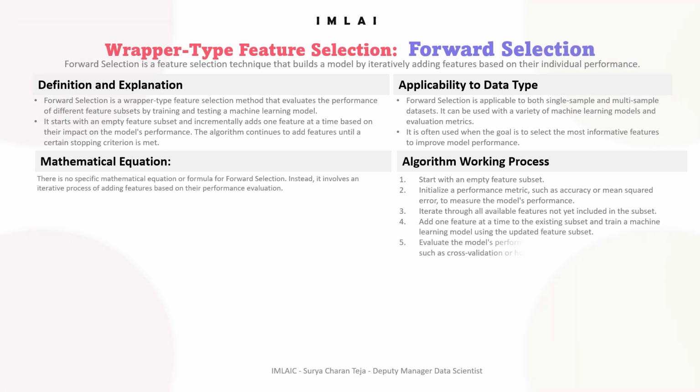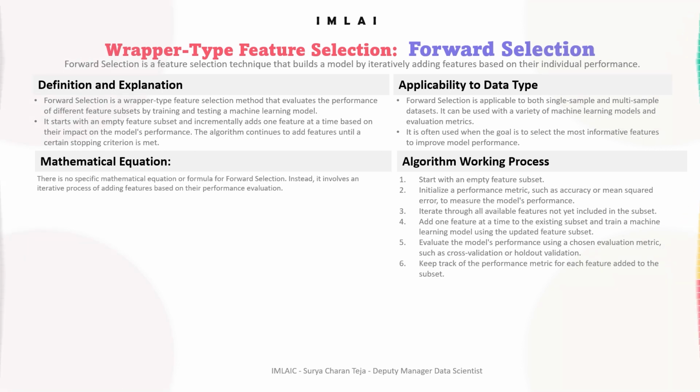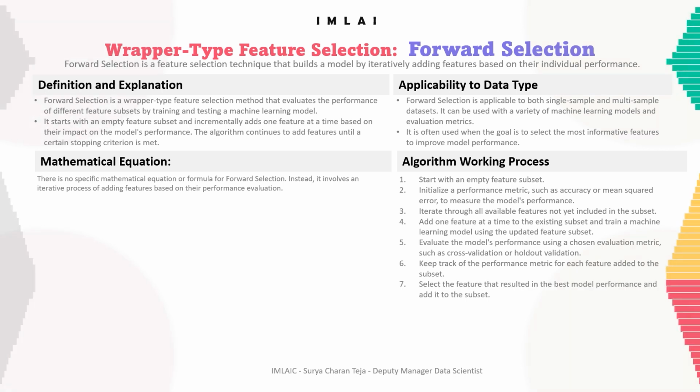Then step 6, keep track of the performance metric for each feature added to the subset. Then select the feature that resulted in the best model performance and add it to the subset. Then repeat steps 3 to 7.